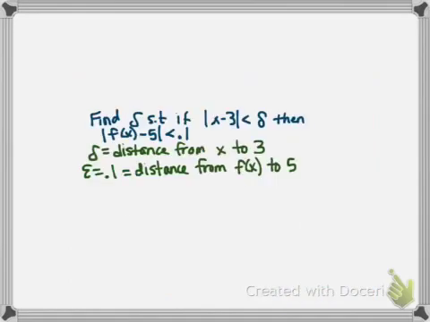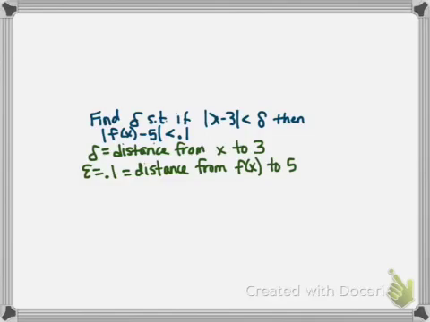That same problem could be asked with a lot of math notation. This is asking the same thing in blue. Find a delta, just the Greek letter delta, looks like a cursive d, such that if the absolute value of x minus 3 is less than delta, then the absolute value of f of x minus 5 is less than 0.1.